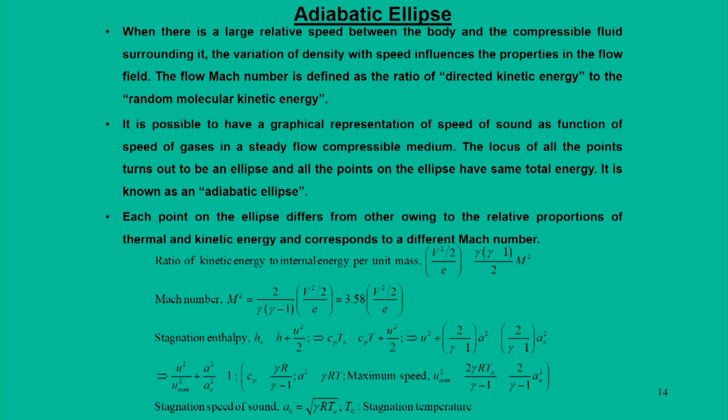And the next objective of our discussion is how to represent the concept of isentropic flow in a graphical manner. This is one objective. The second objective is that in our previous lecture we defined various flow regimes which are normally encountered when the flow passes over an airfoil.